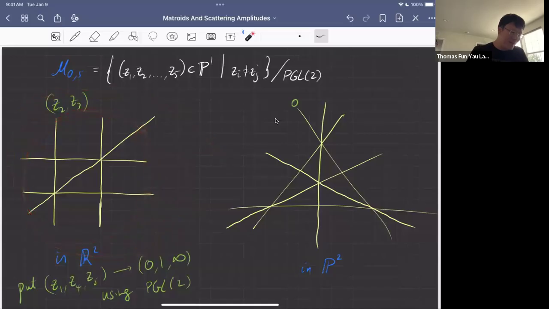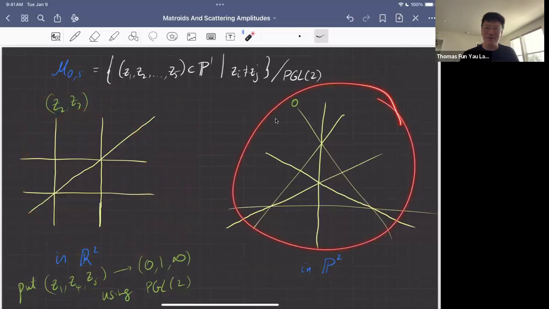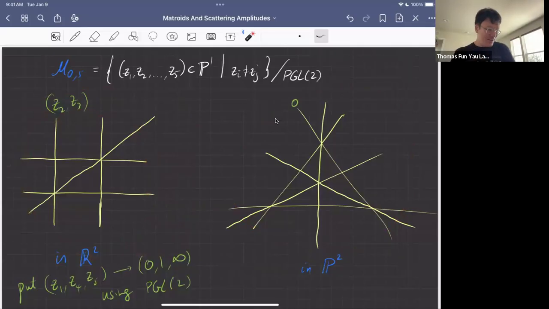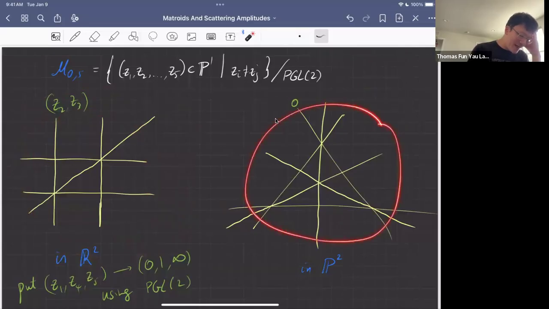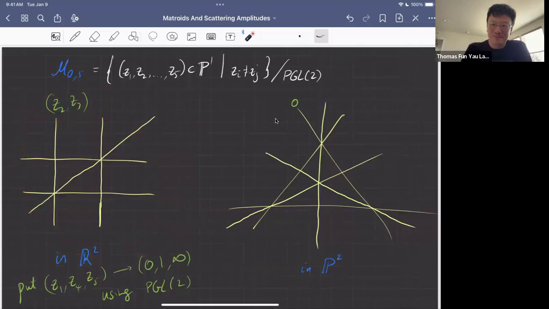If I put that in, I'll get 6 hyperplanes, and that's this picture I've got here. So as a projective hyperplane arrangement complement, M05 is the complement of these lines. In general, M0n has dimension n minus 3.